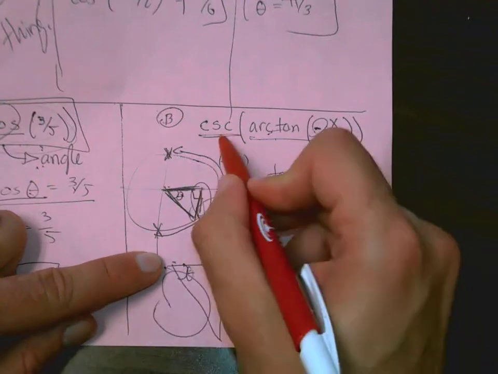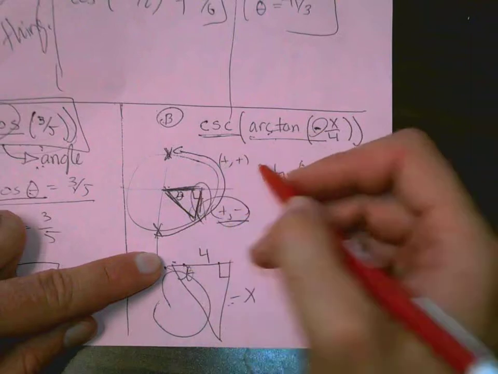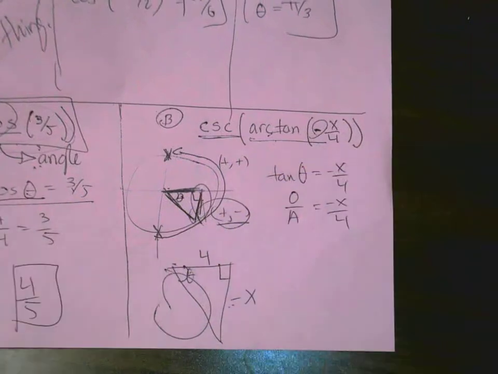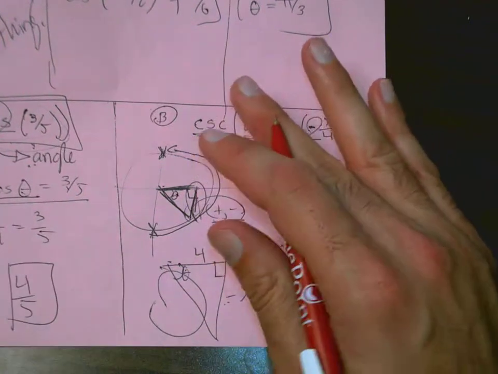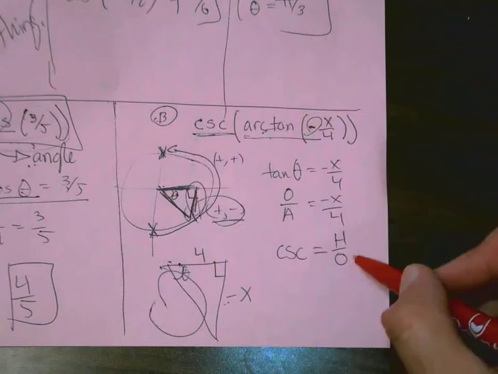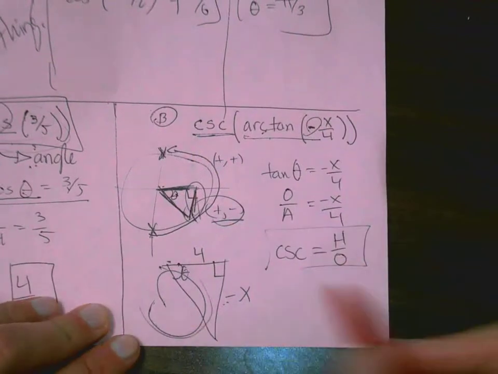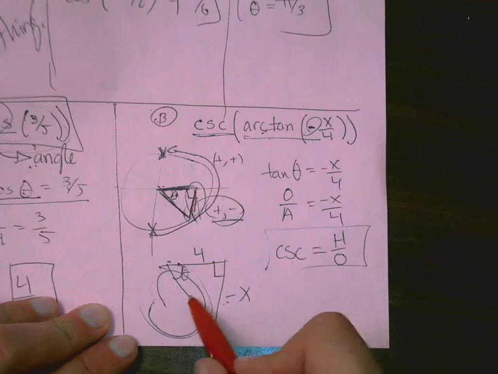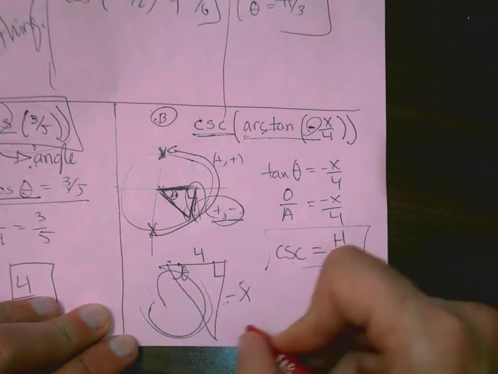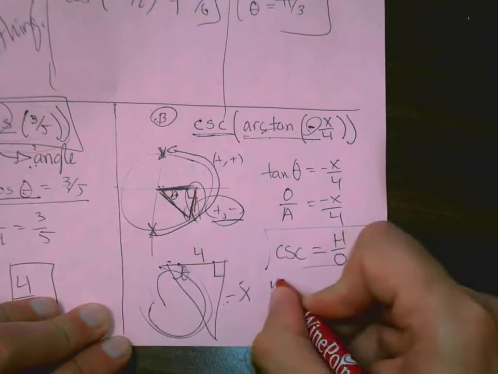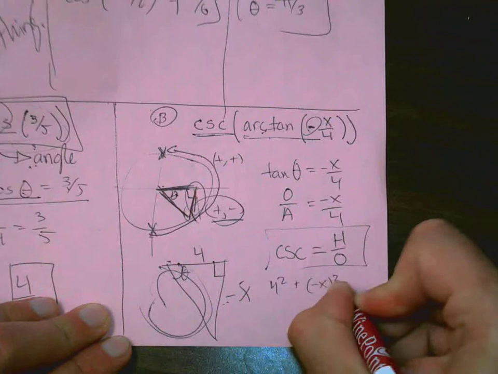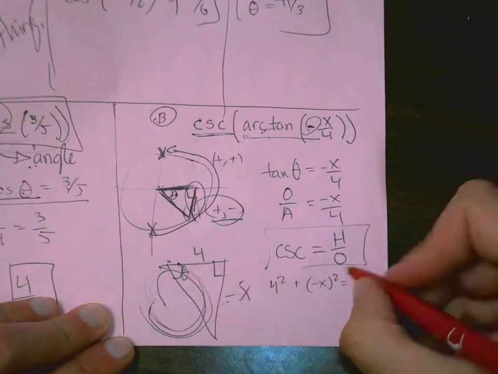What is cosecant? Write it down. I hope you haven't forgotten, cosecant is the rapper's favorite, h over O. So we've got to find this side. Let's do this side real quick. To do Pythagorean, I go 4 squared plus a negative x squared equals this hypotenuse squared. So literally, I just take the square root and I'm done.